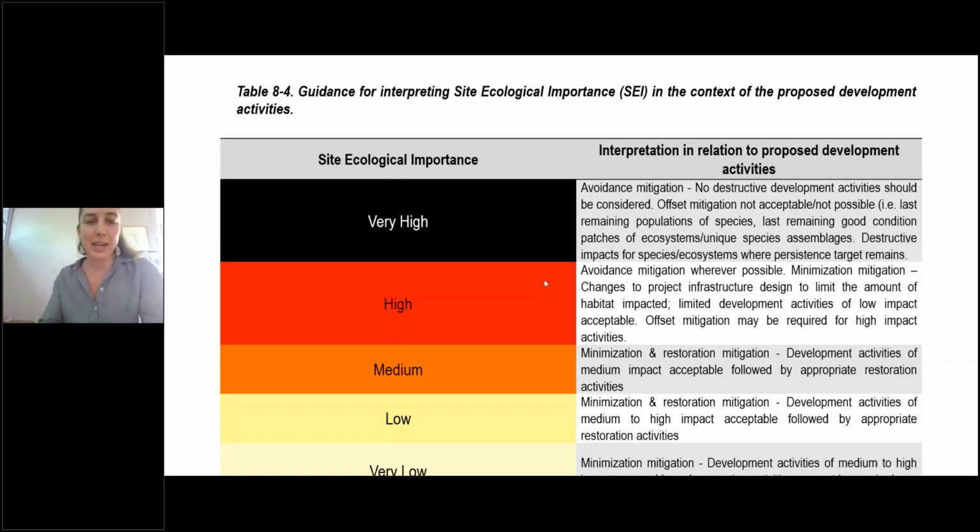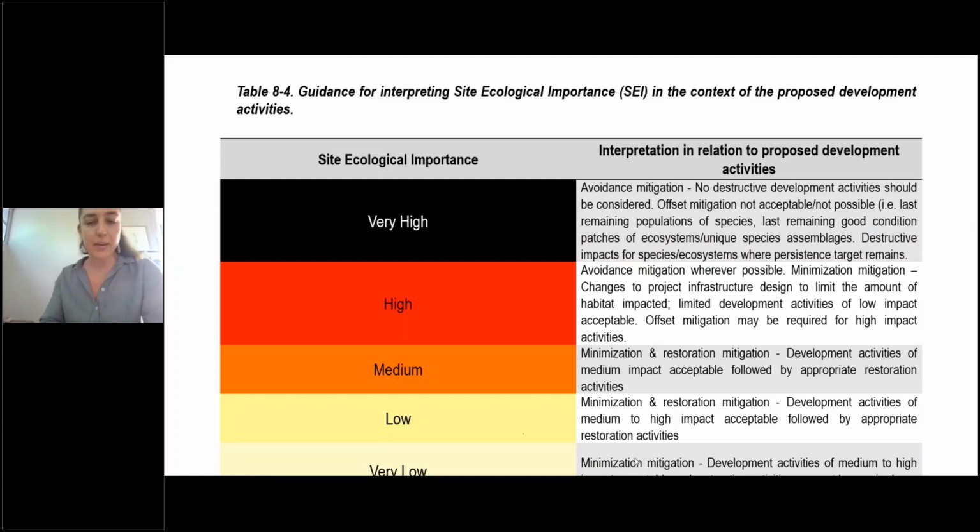And so within the guideline, we also put in what it means. So for very high site ecological importance, it means avoidance is the mitigation option. No destruction or development should be considered, and et cetera, et cetera. So high, avoid mitigation wherever possible, minimize it, change infrastructure design, et cetera.